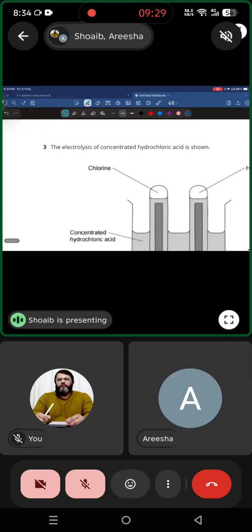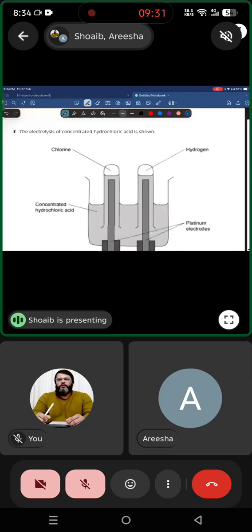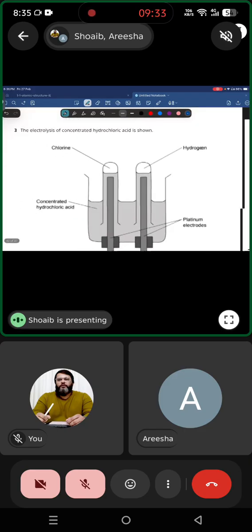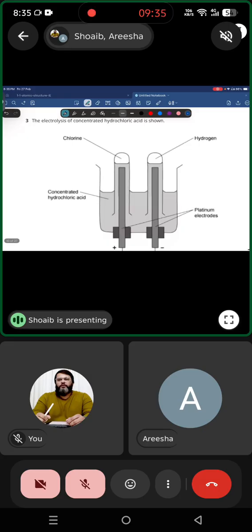Now the next question, question number 3. Here is a diagram. Mostly whenever you have a diagram like this, the electrolysis of water is done. Now, the electrolysis of a concentrated solution, the word is concentrated here, that means chlorine is produced.